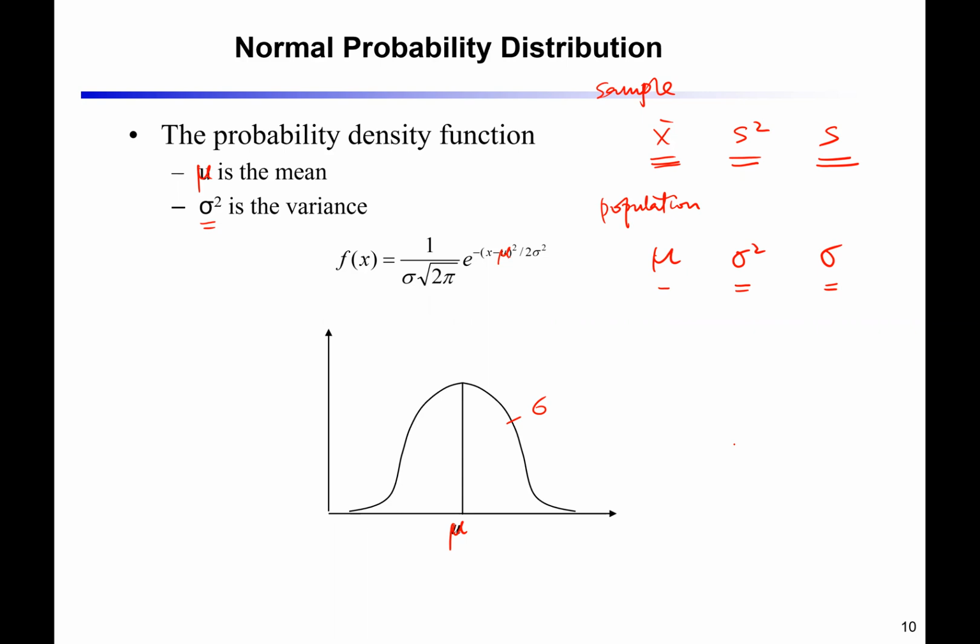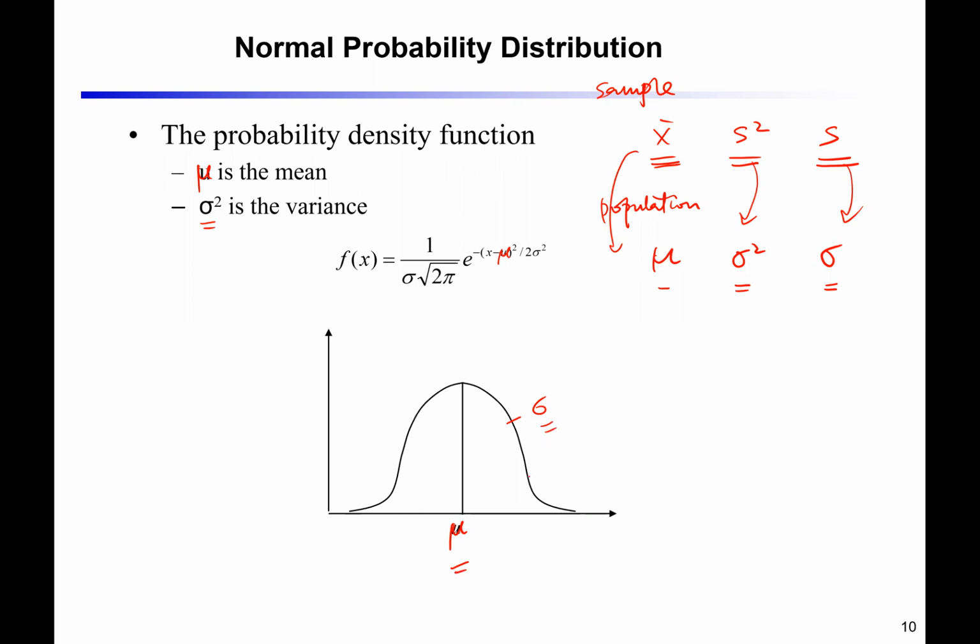The difference is that a sample is a representative subset of the population, while a population means you have all units and all the data. The sample statistics are estimations of the population mean, variance, and standard deviation. Now you have mu and you have sigma.